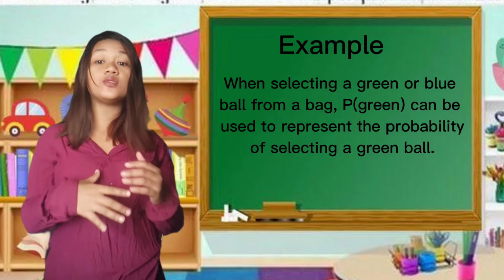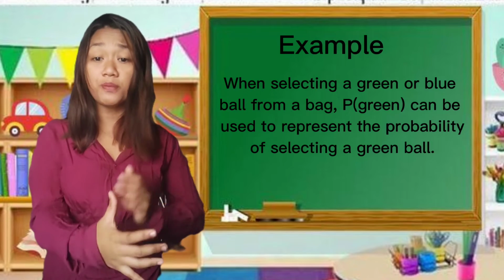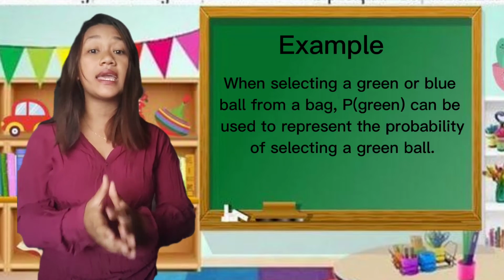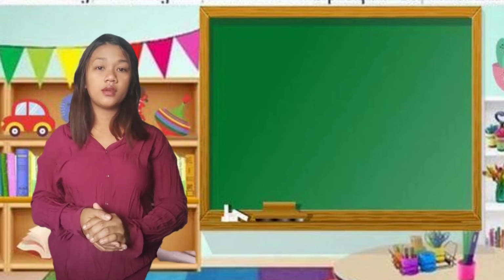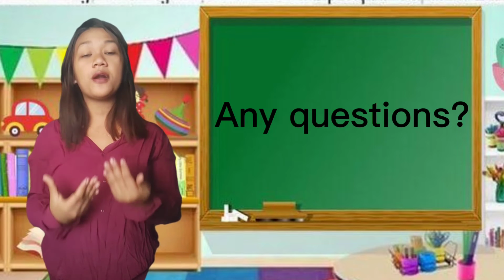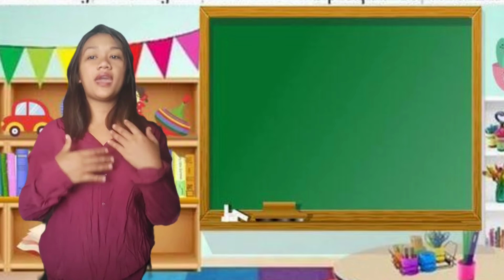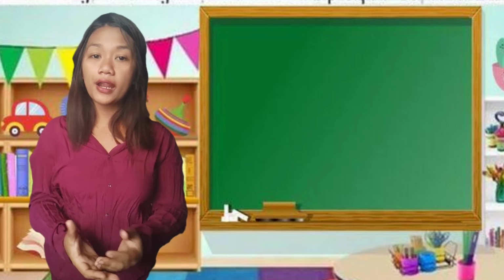Now we can see how this information can be applied in a number of different examples. Any question from the class? None so far? Okay, let's go to our examples.